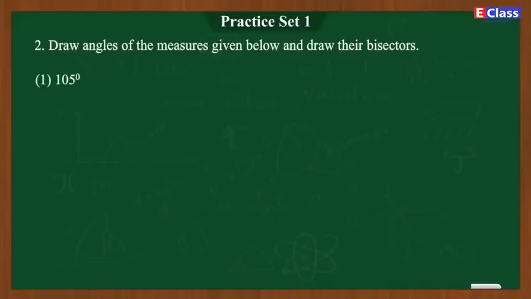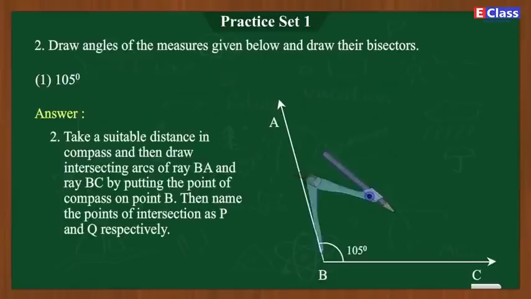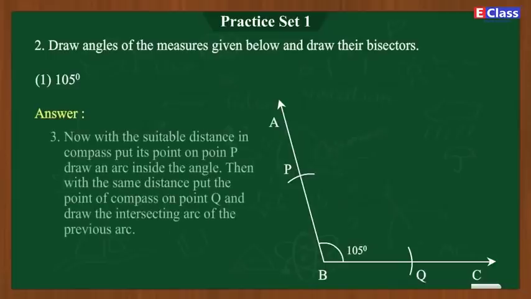1. 105 degrees. Answer. 1. Draw an angle ABC of 105 degrees. 2. Take a suitable distance in compass and then draw arcs intersecting ray BA and ray BC by putting the point of compass on point B. Then, name the points of intersection as P and Q respectively. 3.